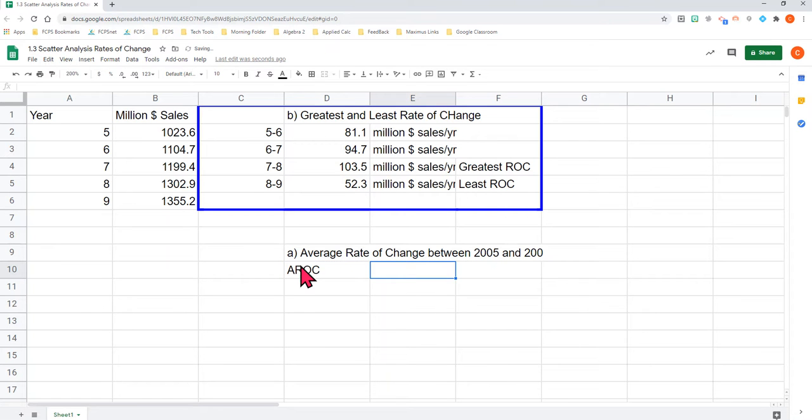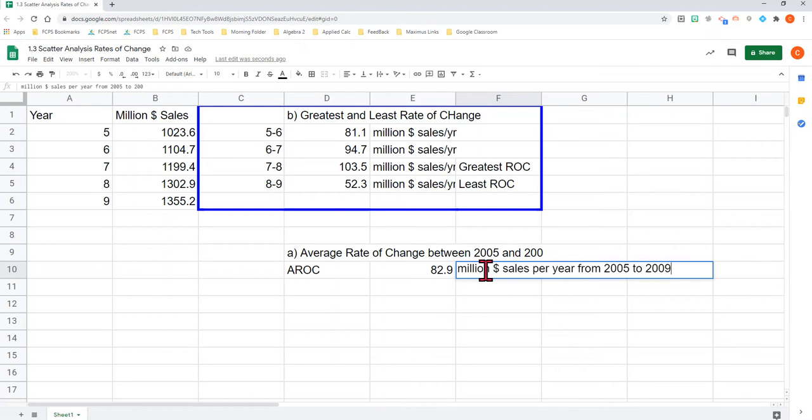Average rate of change equals, okay, the last point minus the first point, B6 minus B2, parentheses, 9 minus 5. Enter. Okay, and I'm going to say $1 million sales per year from 2005 to 2009. Okay, so every year the sales went up on average 82.9.